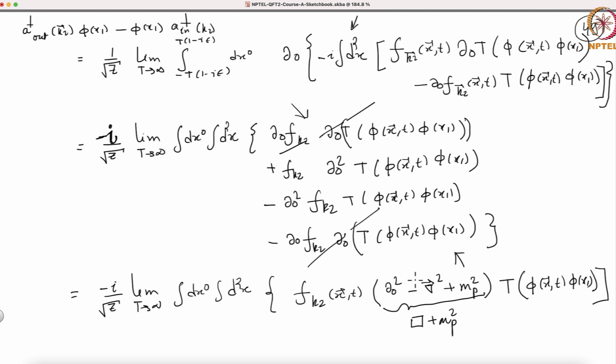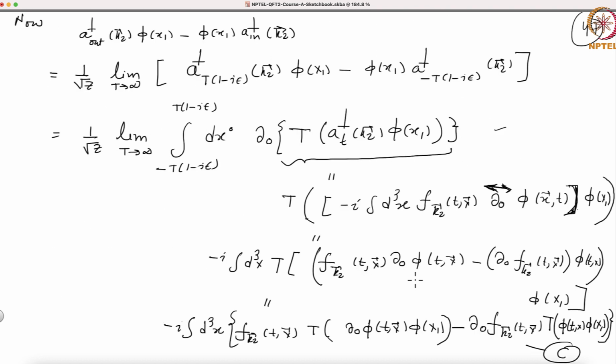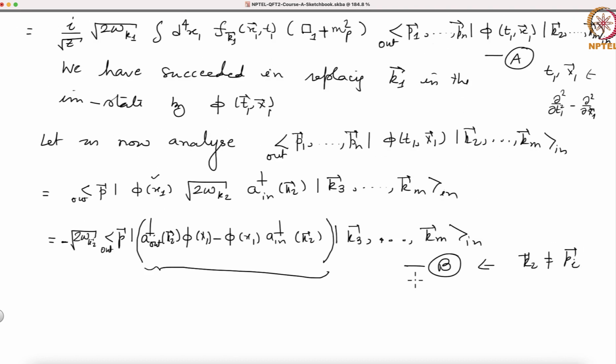Good. So now I will take this and substitute in this. Where is it? Yeah, in this expression, so that I obtain what this factor is. I am going to write down now this factor.